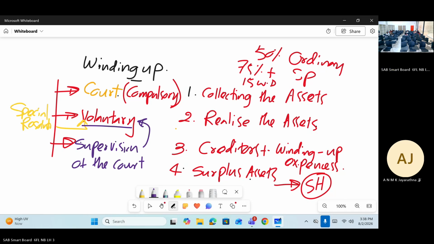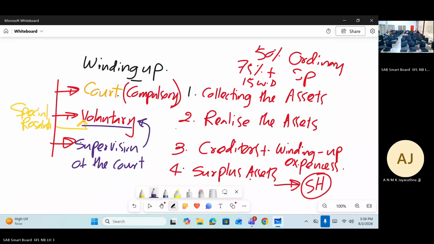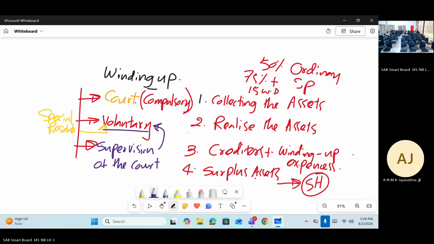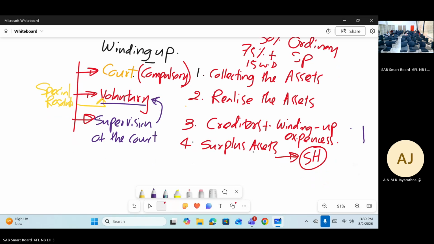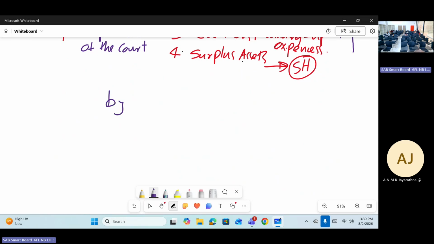Now, when we consider winding up by court, we can identify some grounds for winding up by court. These grounds are very important.